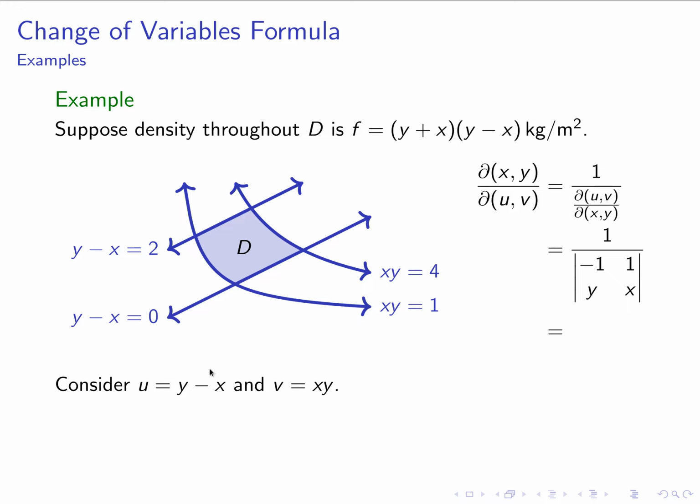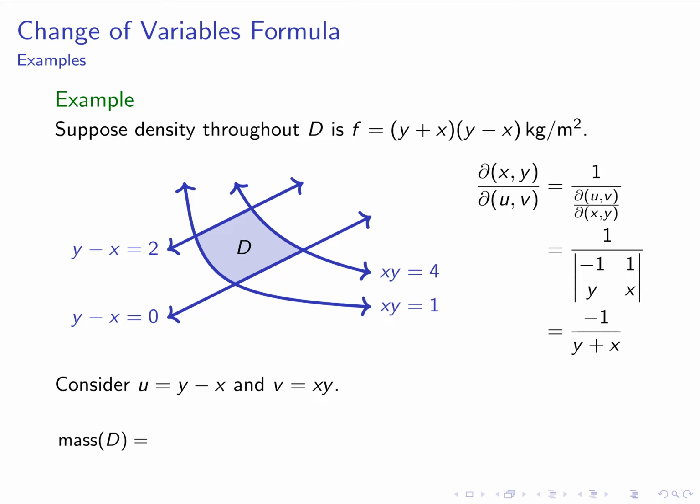The partial of u with respect to y is 1. And the partial of v with respect to y is equal to x. We can take this determinant in the denominator, and we end up with the quantity negative 1 divided by y plus x. So now we're set to use the change of variables formula.